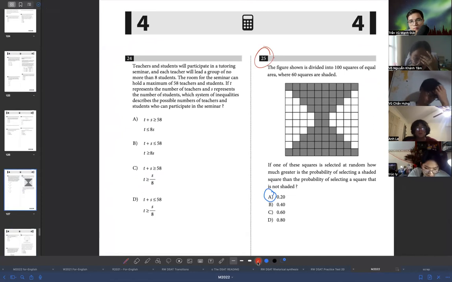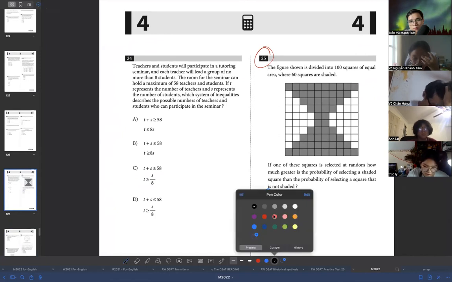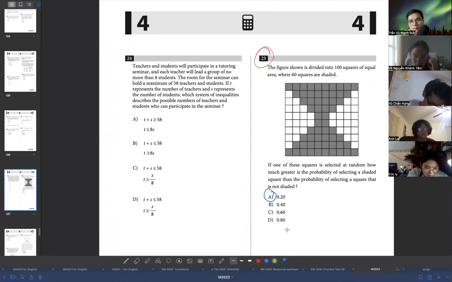We calculate the probability of selecting a shaded square, and it is 60 over 100, and after that I minus the probability of selecting a square that is not shaded, 40 over 100.